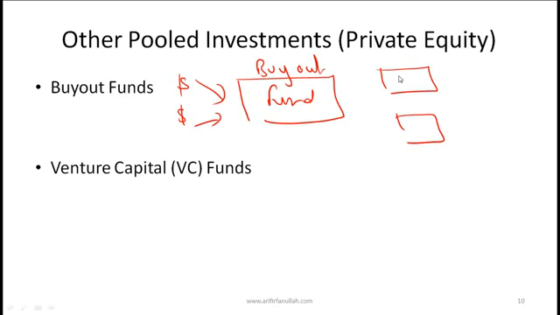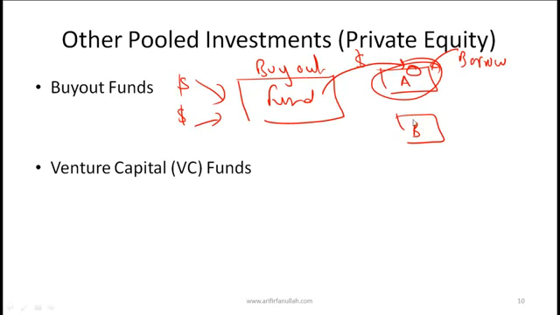Let's say that you have this company A, company B that is not doing very well. So what the buyout fund will do is buy out company A by taking some of the money from the investor fund, and the buyout fund will also use a lot of borrowed money to buy company A. Then the fund managers will put their own people to run this company and improve it.